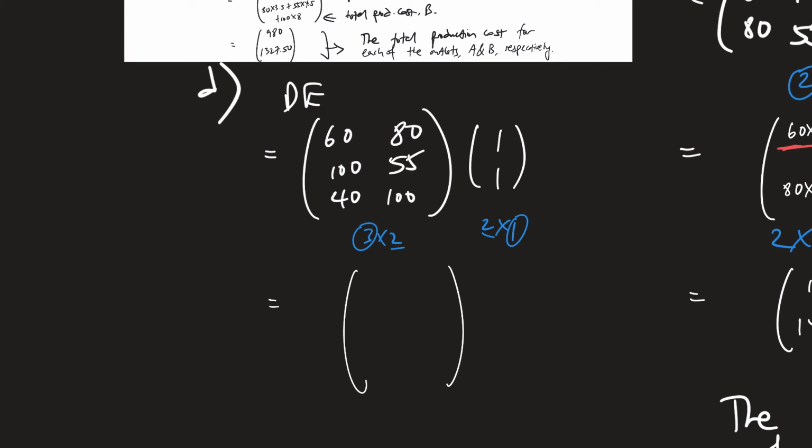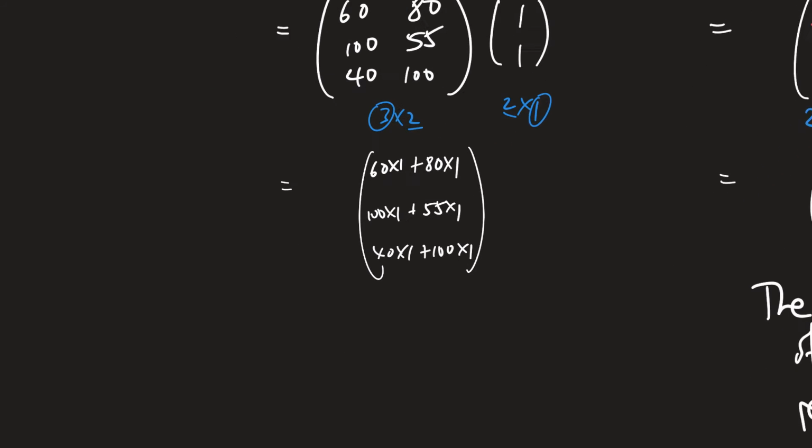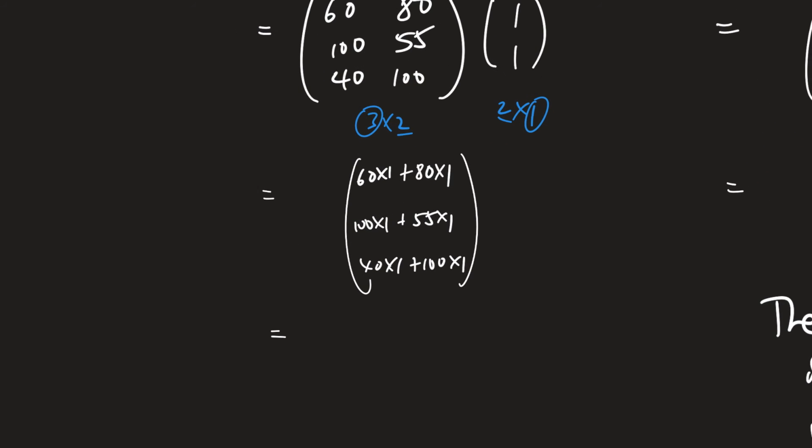So let's do first row, first column, first row, first column. 60 times 1 plus 80 times 1. Second row, first column, second row, first column. And finally, for the third row, add it all up.